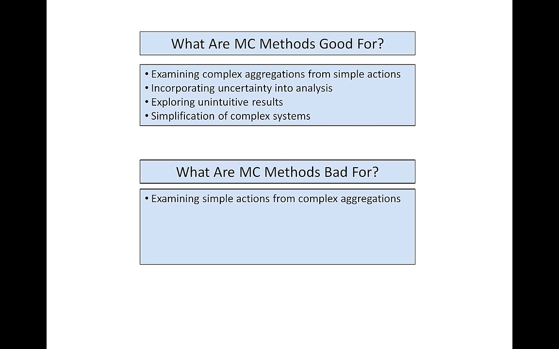Imagine that you knew nothing about medicine, that you had no biological background, and you're just trying to see what reason the person would be sick, statistically. You would have a very, very difficult time. And this is what I mean by examining simple actions from complex aggregations. The result of a complex aggregation has so many actions that could lead to it that it's very hard for you to infer exactly how that happened.